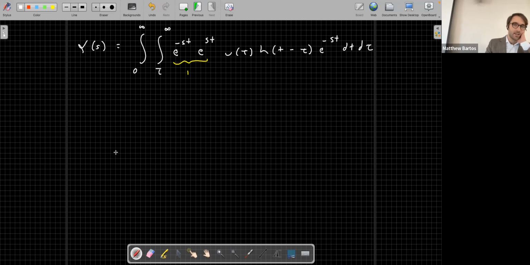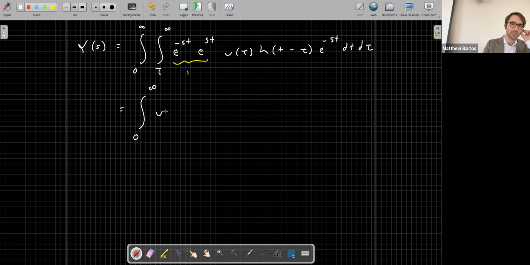Okay, and now we can separate this out. So we have our first integral from 0 to infinity. Let's take the terms that don't depend on t and pull them out.